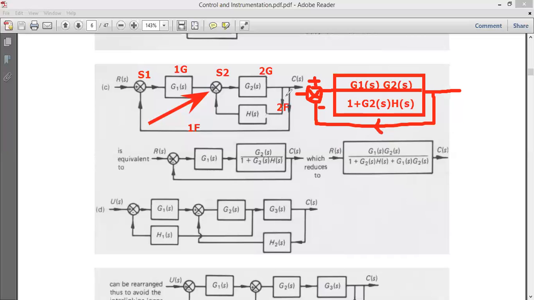Here you write R of S, and here you write C of S. Now this diagram looks like one minor loop or one feedback loop, which consists of one summation, one takeoff point, one block of G, and one block of H, but that H is equal to 1.